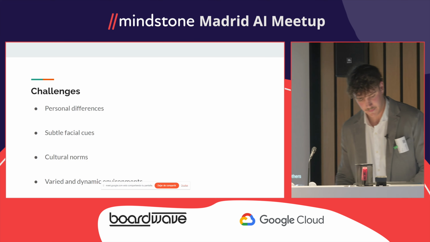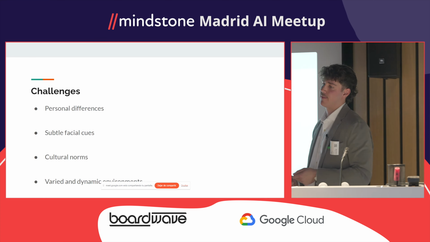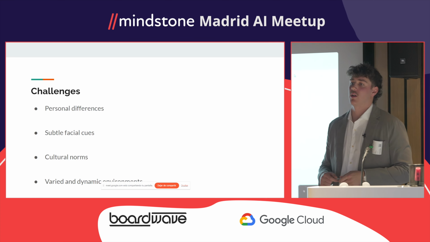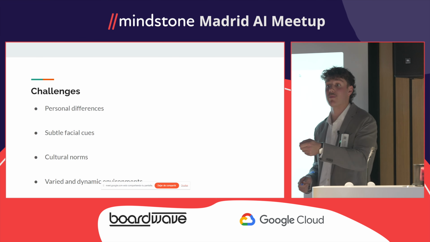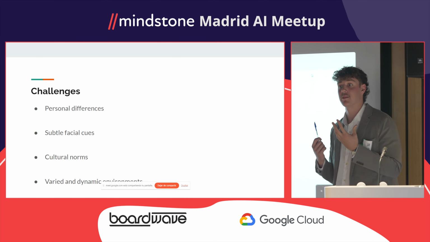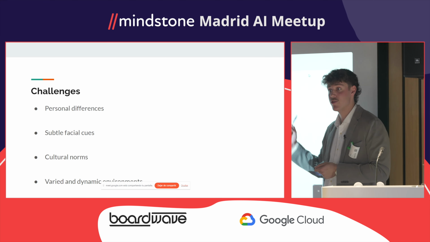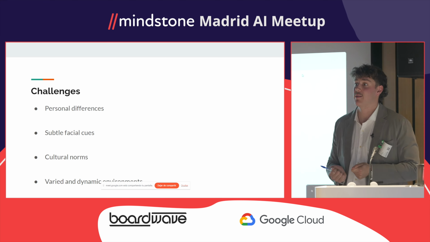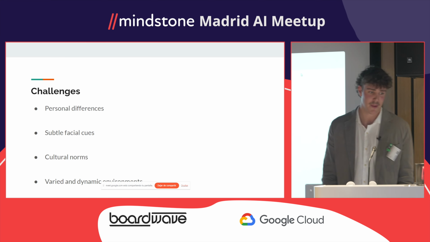However, there are some challenges. On one side, we have the emotional challenges, for example, personal differences. What for one person is a happy state might not be the same for somebody else, or depending on your country. Somebody from China might not express or have the same gestures as somebody from Italy.